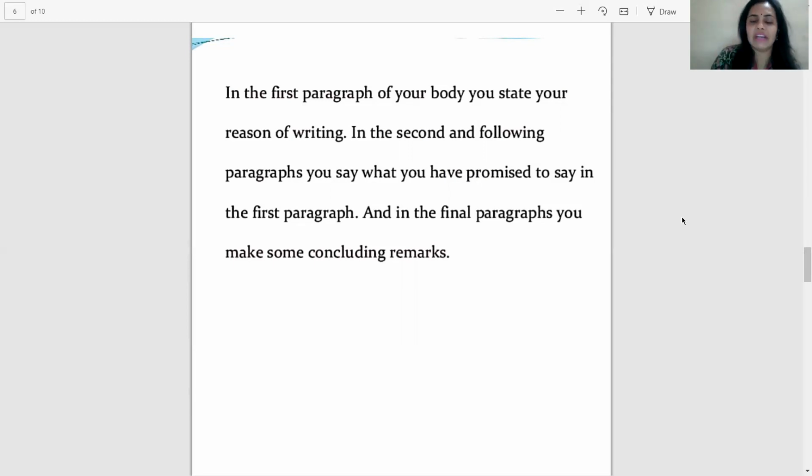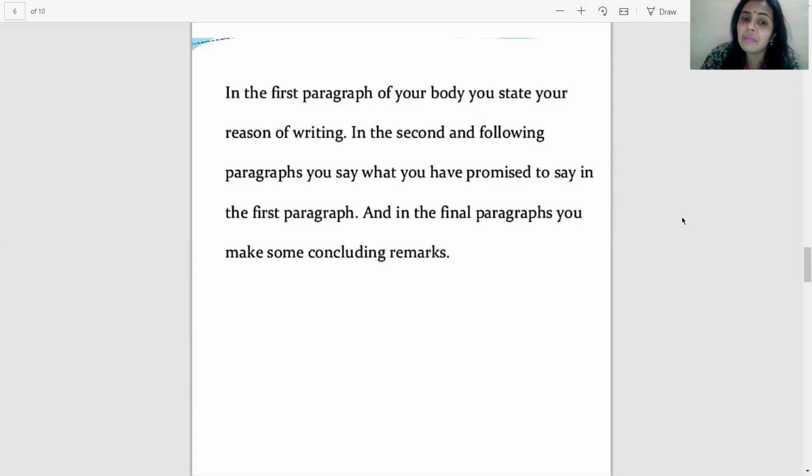In the second and following paragraphs, once the first paragraph is done, you will start writing the second paragraph, which follows the first. Naturally, in the second paragraph you may say what you promised in the first paragraph. You have already discussed why you are writing this letter, the reason for writing, in the first paragraph.